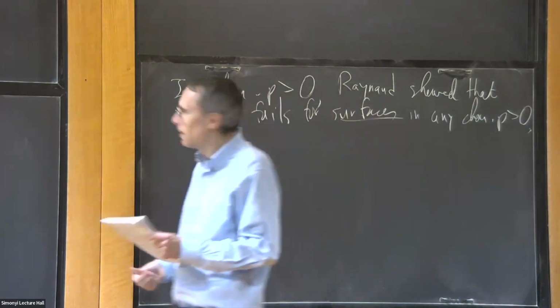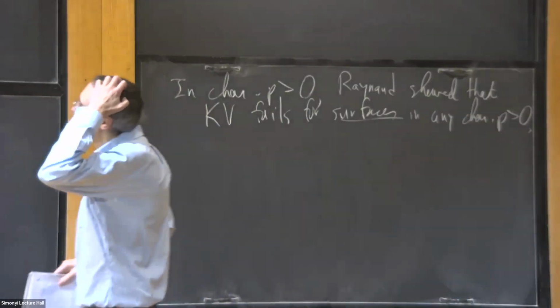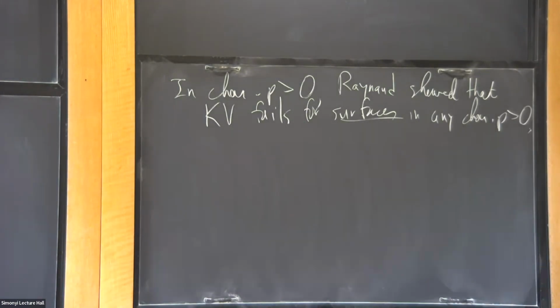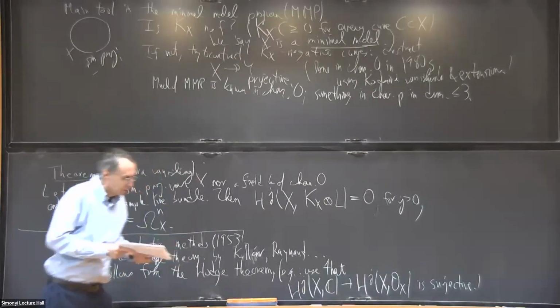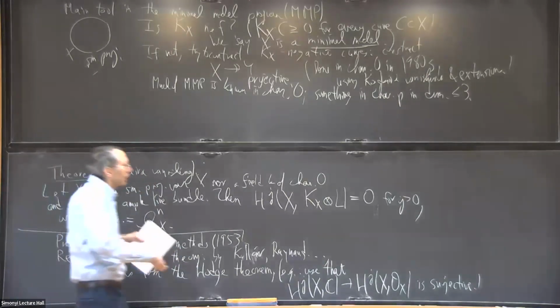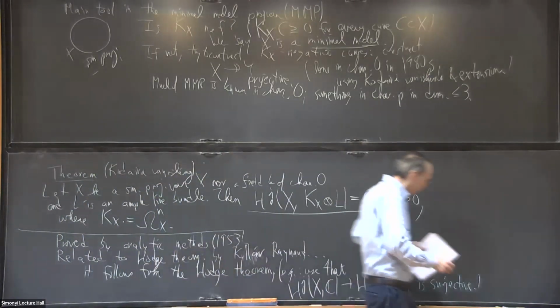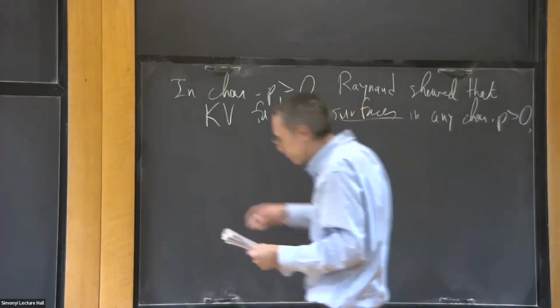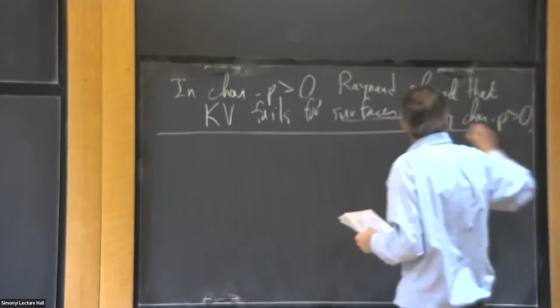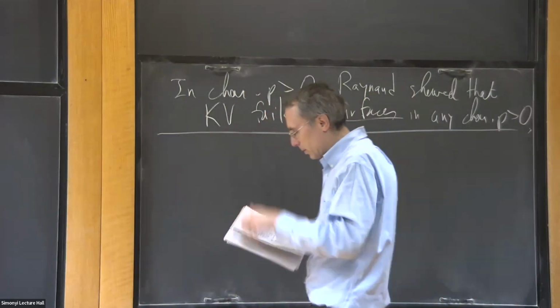So that's quite upsetting. It's possible that the minimal model program will still work, because maybe you could get by with something weaker than this, but it's not clear what would be the right substitute.